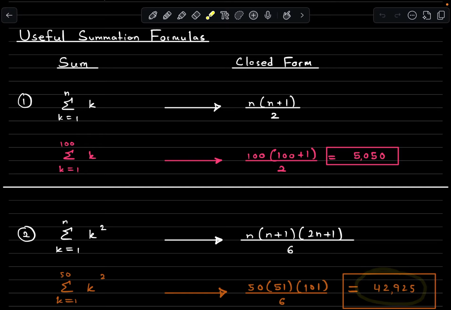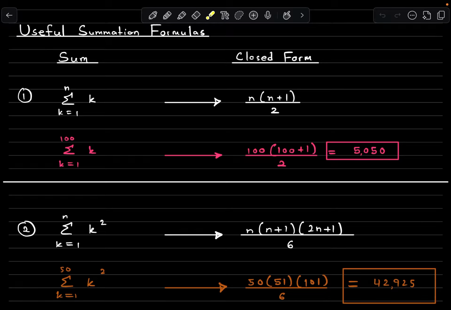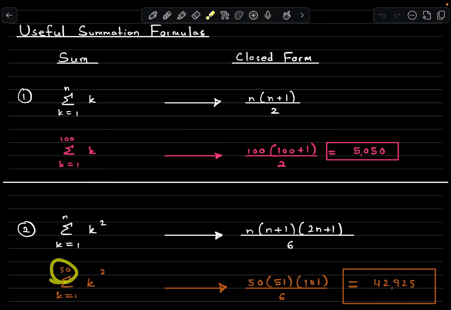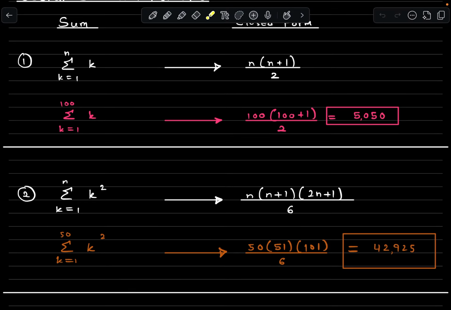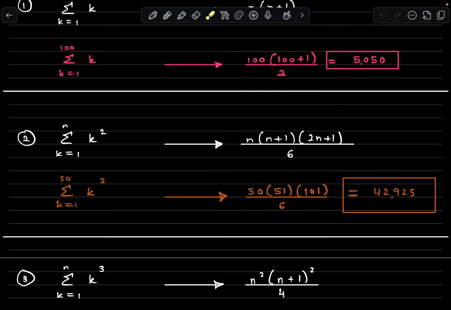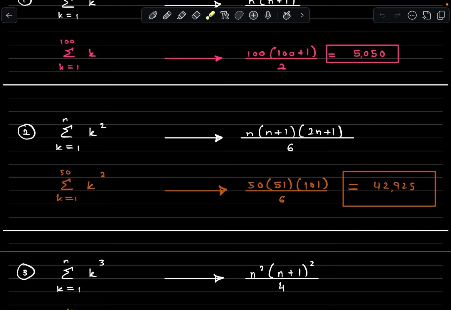All of that comes out to 42,925. Okay, so these would be difficult to evaluate otherwise, right? Otherwise, we'd have to sit there and add up 100 terms or 50 terms to determine this, but not when you have a closed formula.